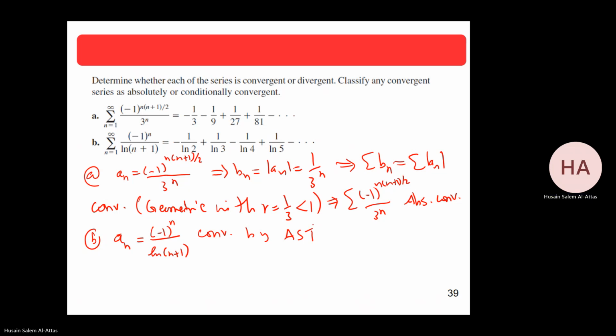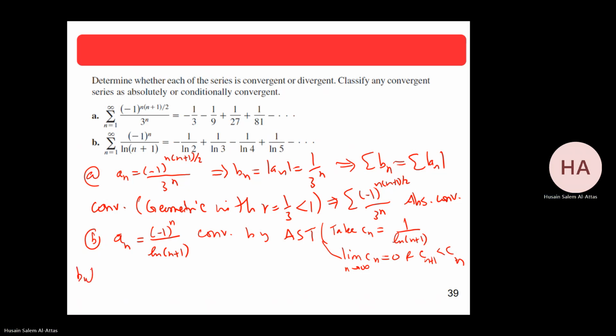If I take Cn, 1 over ln of n plus 1, this is an alternating series, and I have the limit of Cn equal to 0 and Cn plus 1 less than Cn. Very clear, so it converges.